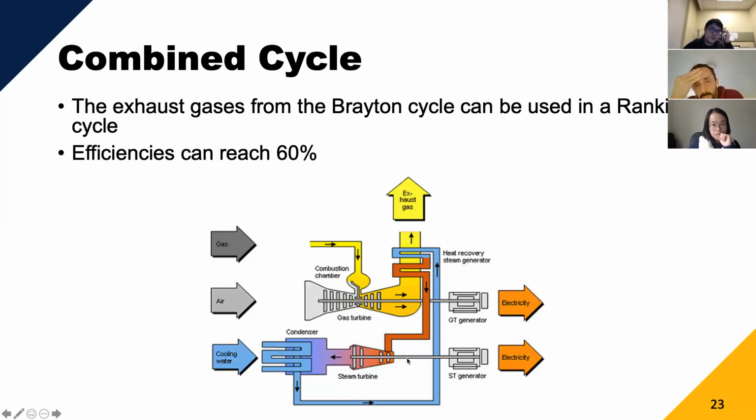And so you can imagine that in coal plants and even in some combined cycle plants, boiling all that water, a substantial amount of water, can take a little bit of time.